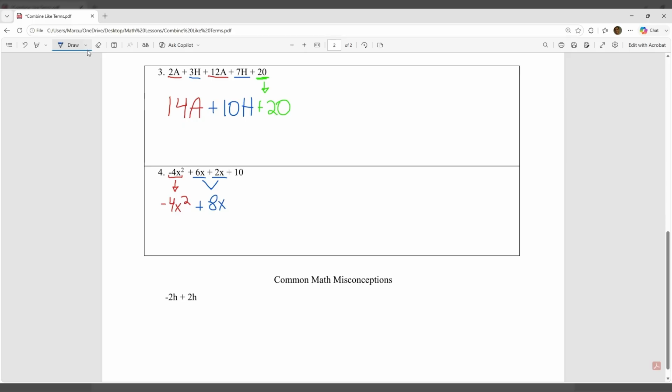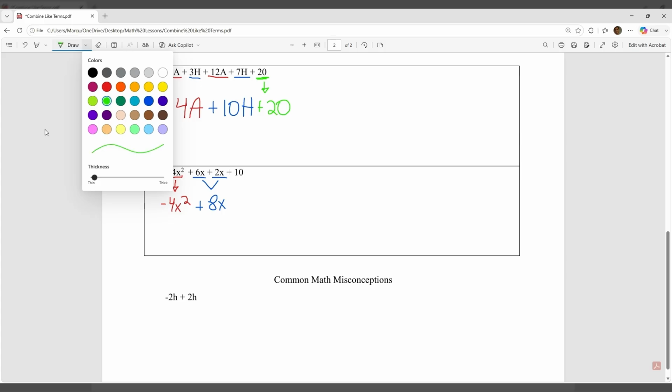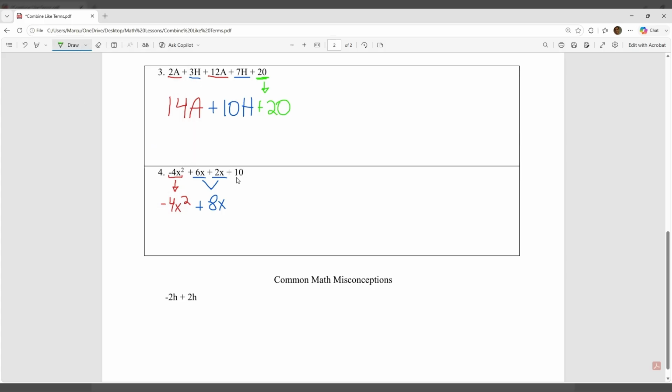And finally, you have your constant, which again is the number with no variable. So we're going to bring that down because there's no other constant that can be combined with the 10. And that's how we combine like terms.